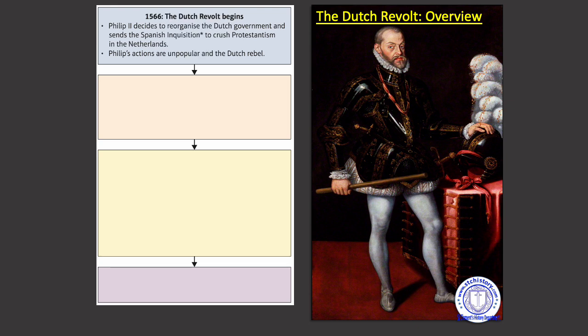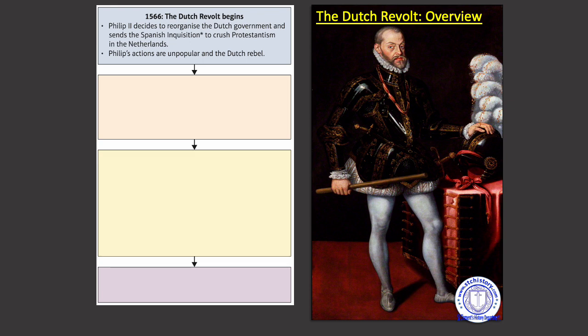It goes without saying, a revolt is like a rebellion, fighting against the occupation. We can definitely think about this, thinking about Czechoslovakia and Hungary. They weren't happy with the Soviet occupation. So, in this case, Philip has decided to reorganize the Dutch government, and he sends the Spanish Inquisition, this really, I suppose there is only one word for it, evil response to crush the Protestants in the Netherlands.